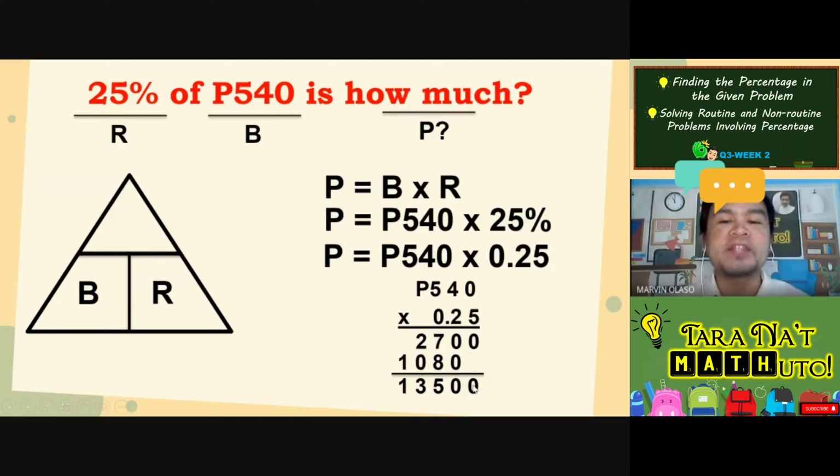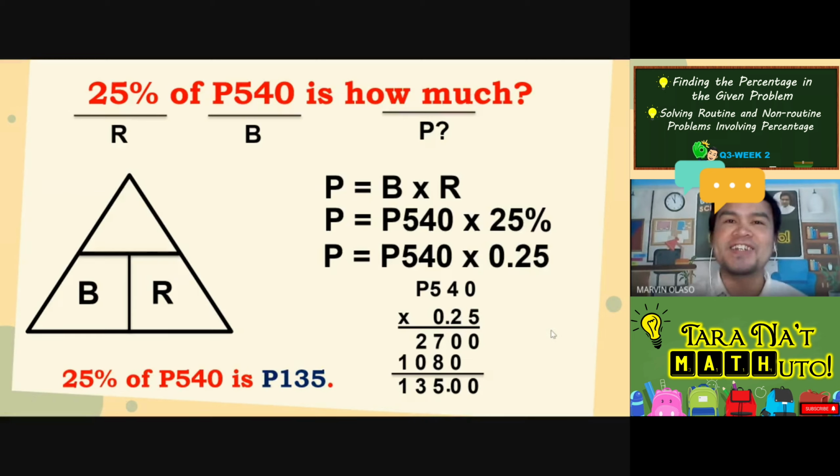So we have now the decimal point between 5 and 0. So we have now the answer 135.00, which is equal to 135 pesos. So the final answer is 25% of 540 pesos is 135 pesos. Again, did you arrive with the same answer? Well, you are great.